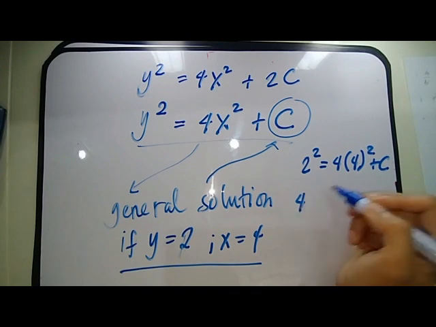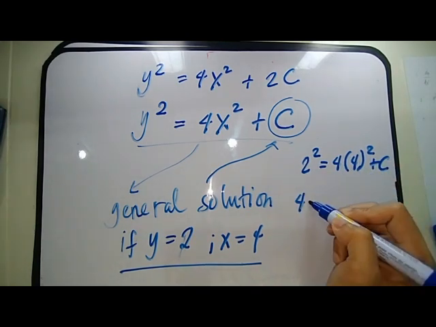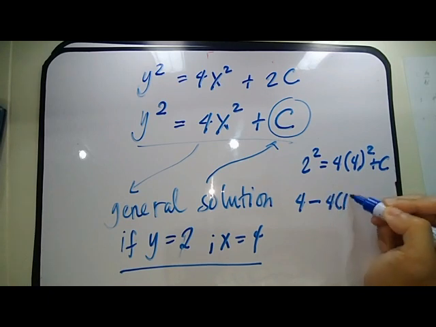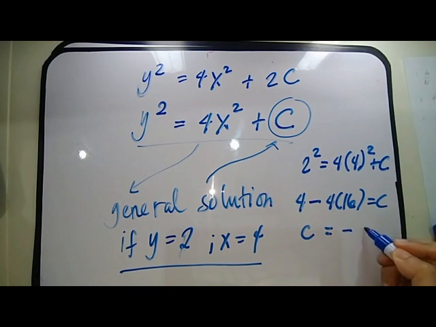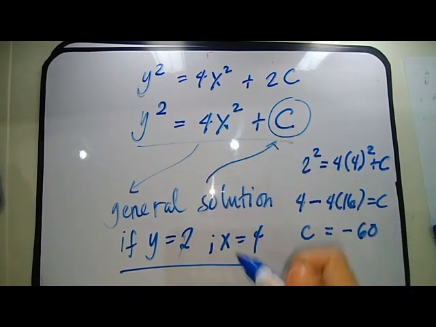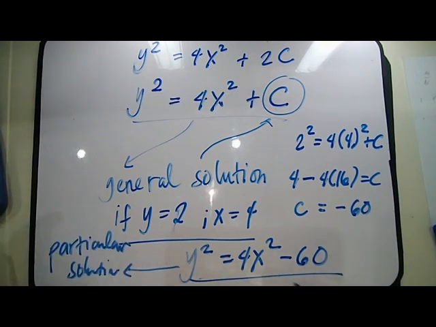So this is 4. So we just transpose this to the other side. This is 4 times 16 equals c. So c equals negative 60. So you substitute, so y squared equals 4x squared minus 60. So this is what you call a particular solution because your arbitrary constant has now an exact or definite value.